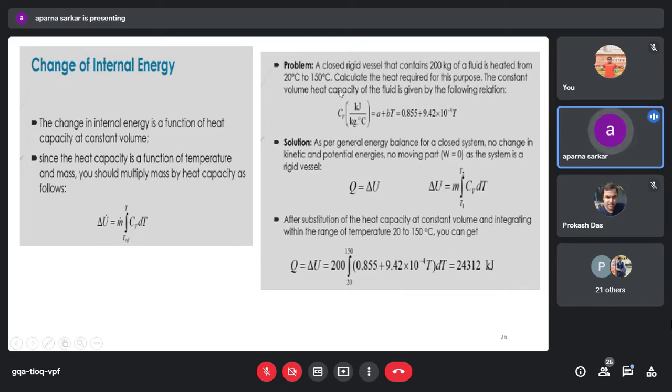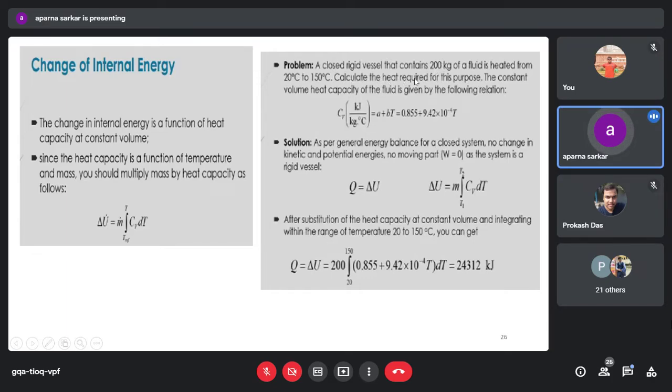We have another numerical problem. A closed rigid vessel that contains 200 kg of a fluid is heated from 20 degrees centigrade to 150 degrees centigrade. So T and T reference are both given, and the mass, 200 kg, is given.